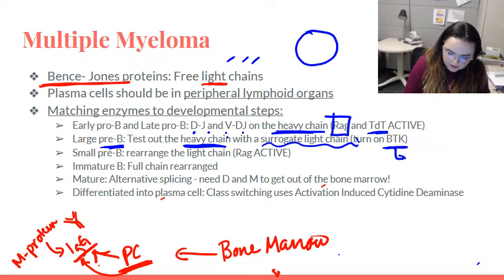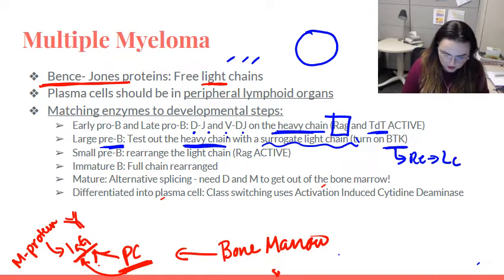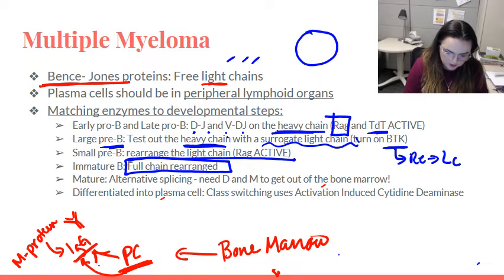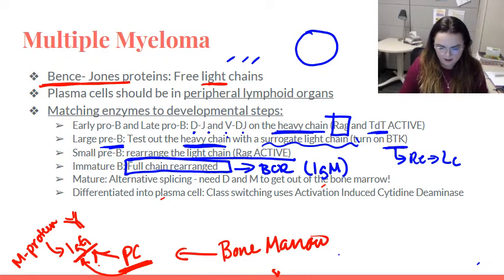In this case, this is what actually allows us to move from rearranging the heavy chain to rearranging the light chain. Once we've done that, we can actually use RAG again to rearrange that light chain. Now we have a full immunoglobulin, and it's acting as the B cell receptor. And remember, if it's the first time we formed it, it's going to be an IgM, right? It's just a cell-bound IgM.